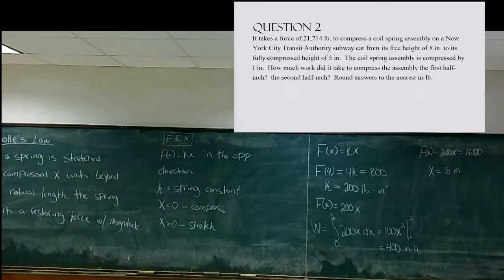We're now told that the assembly is compressed by 1 inch. We want to determine how much work it took to compress the assembly the first half inch and then the second half inch, and we're told to round to the nearest inch pound.